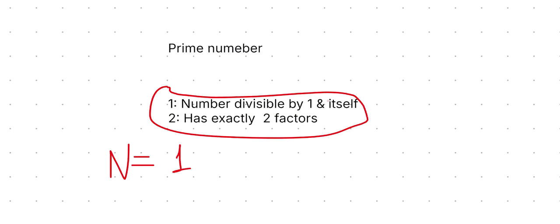So the first condition is wrong, correct? So we can say we have only one condition, has exactly two factors. Recently we completed one thing, that is factors. We just need to calculate the factors. If the factor count is equal to 2, then it means it's a prime number. Otherwise, it is not a prime number.